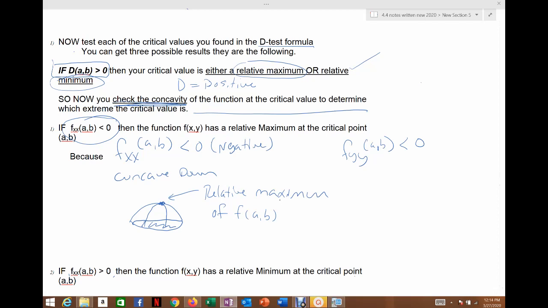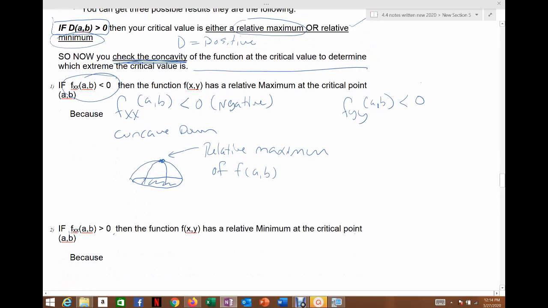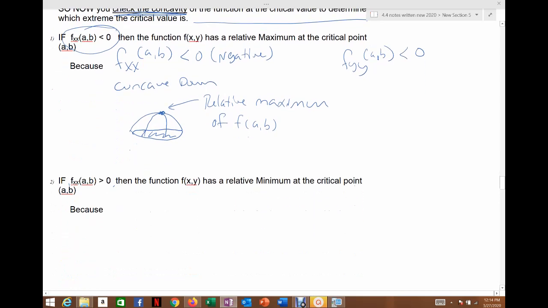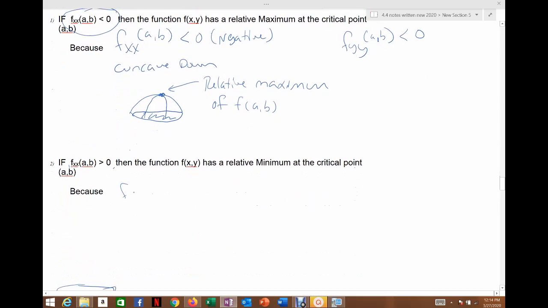Alright, so that's if I plug it into my second derivative with respect to x twice, or with respect to y twice, I've got a maximum. And then the other case is, well, if it's concave up, right? I plug my critical value into my second derivative, and it comes out positive. That tells me it's concave up.